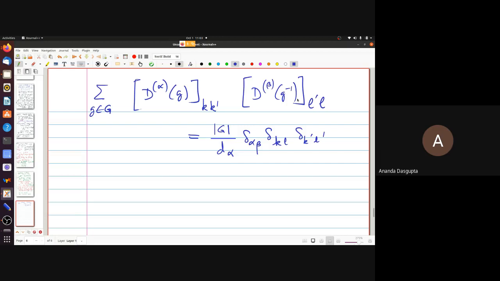So what is the left hand side coming to be if you do that? This is the prescription: put k' equal to k and l' equal to l.